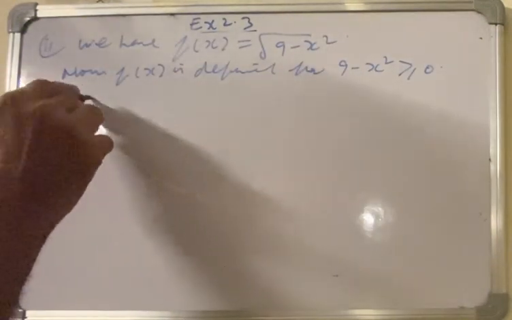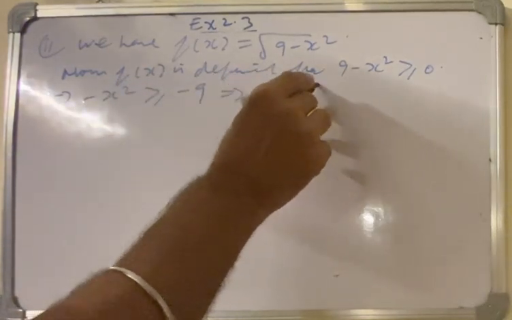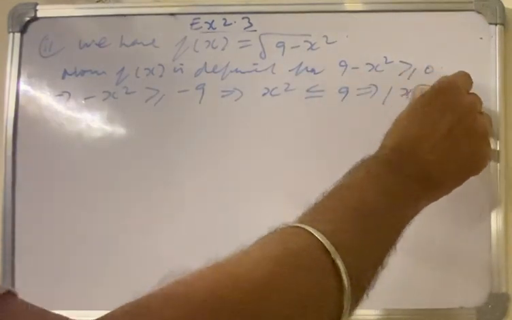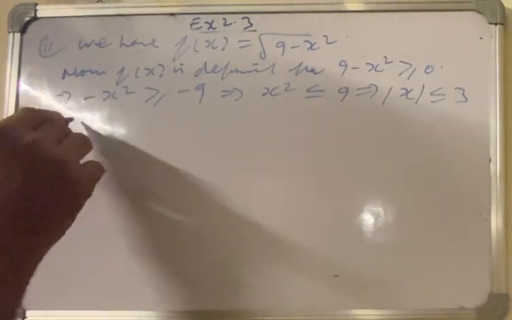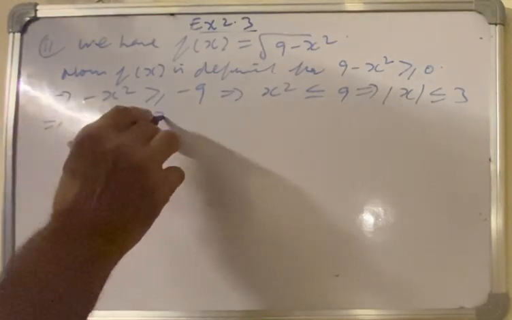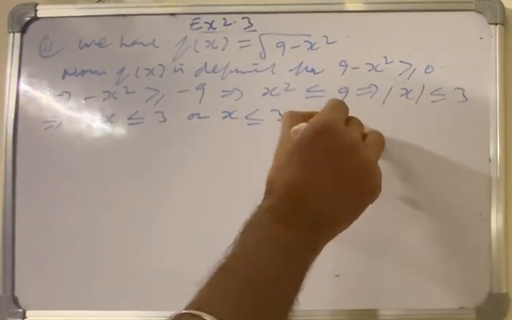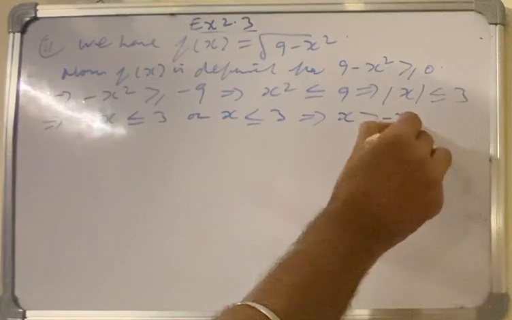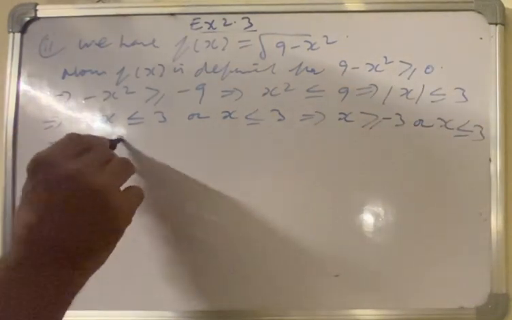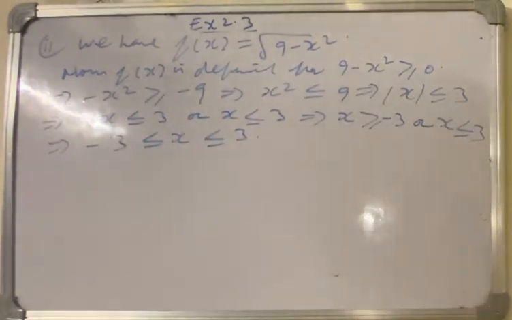That means minus x squared is greater than or equal to minus 9, which implies x squared is less than or equal to 9. That means mod x is less than or equal to 3, so x is greater than or equal to minus 3 and x is less than or equal to 3. When we combine these two, we get minus 3 less than or equal to x less than or equal to 3.